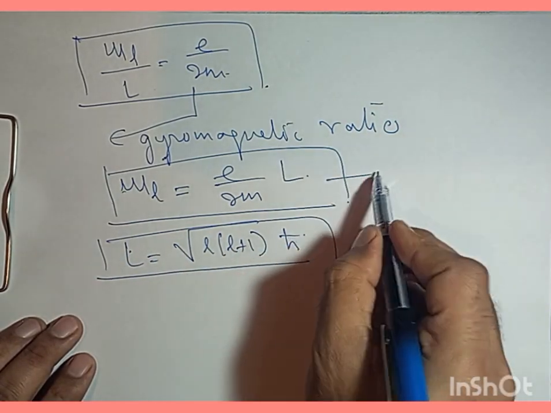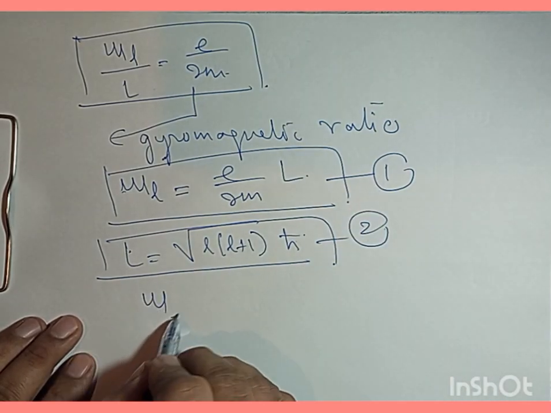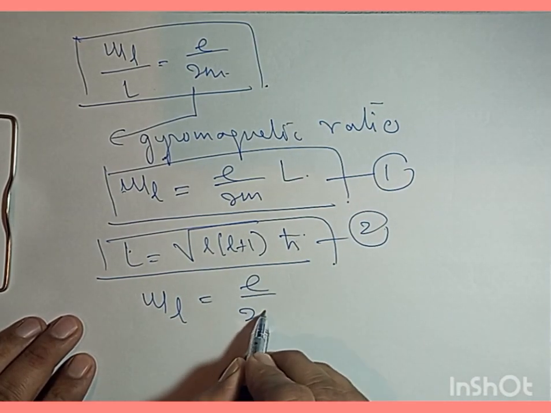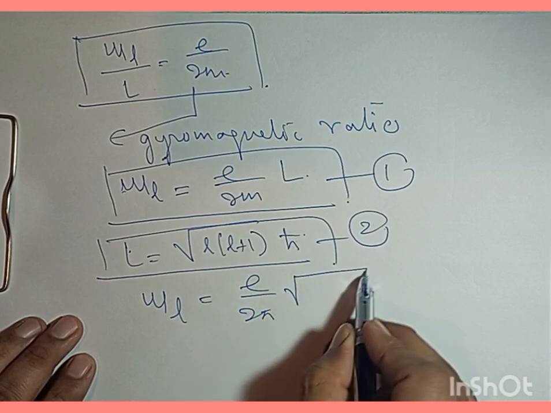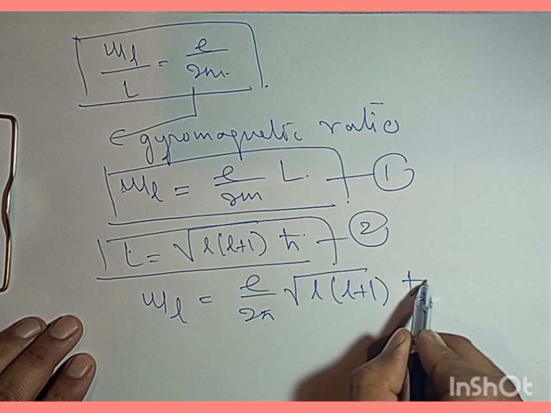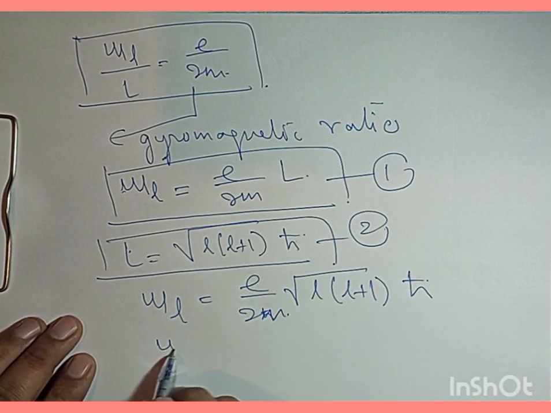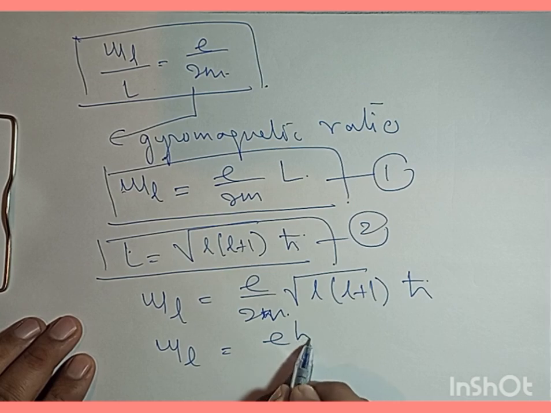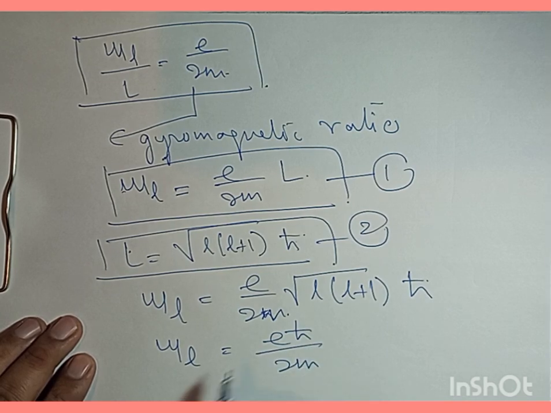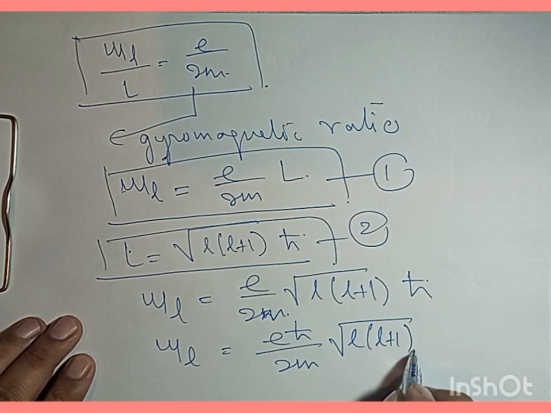So if I substitute this value of L in equation 1, then mu L is going to be e by 2m under root of l into l plus 1 h cross. Now this m is the mass, keep that in mind. So this mu L is e h cross by 2m and under root of l times l plus 1.